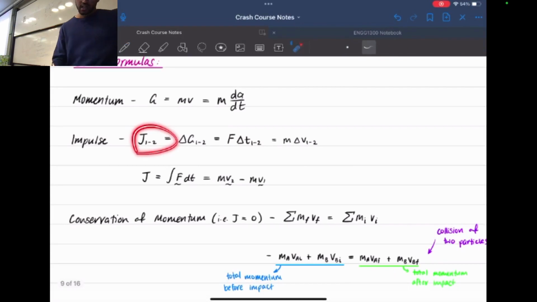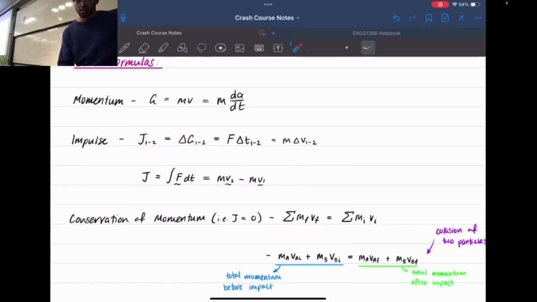Impulse J between states 1 and 2 is just the change in momentum. So this one over here is the change in momentum, which is also just force multiplied by the change in time, given by this momentum formula over here. Okay.